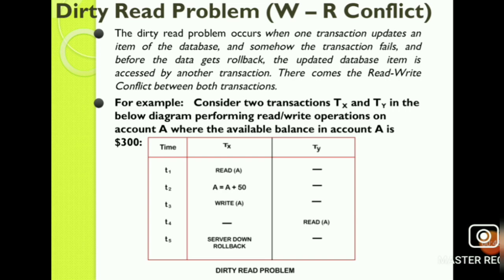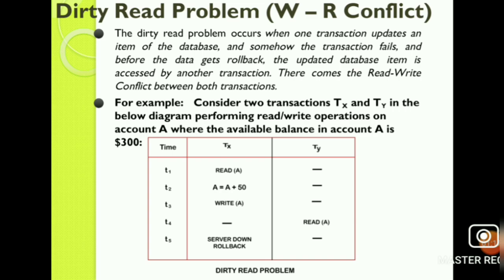At time T1, read of A will be performed by transaction Tx. So the initial balance of A will be read out, then it is incremented by $50 and then it will be updated. So write of A. After that, the updated value of A will be read by the transaction Ty.